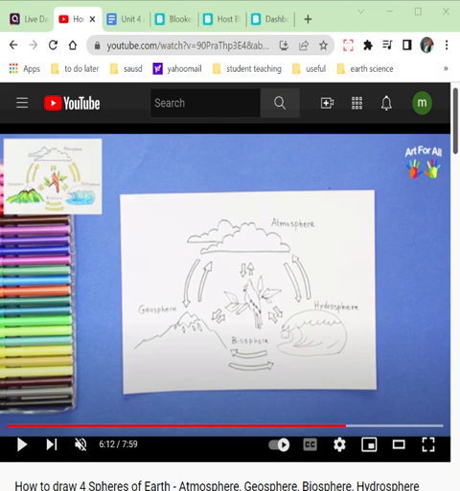Let me put that down too. Human breathing in oxygen.